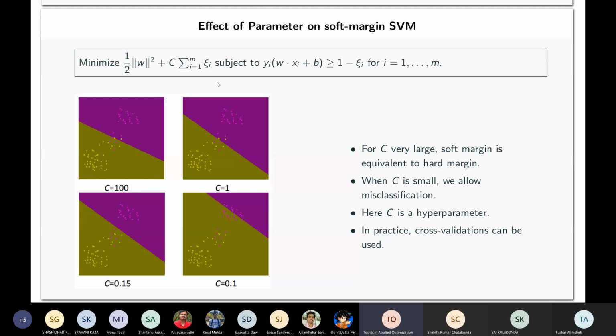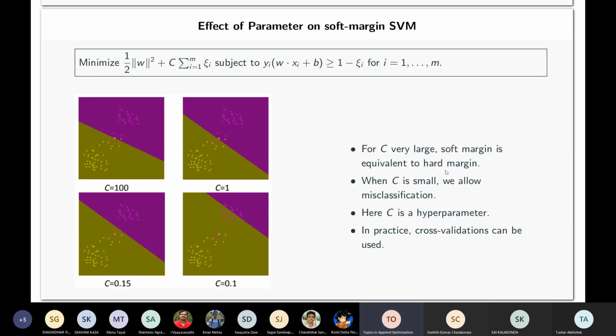This is the primal optimization problem. So for C very large, the soft margin will be equivalent to the hard margin. If C is small, we are allowing for misclassification. Okay, so if C is large, then soft margin is equivalent to hard margin.